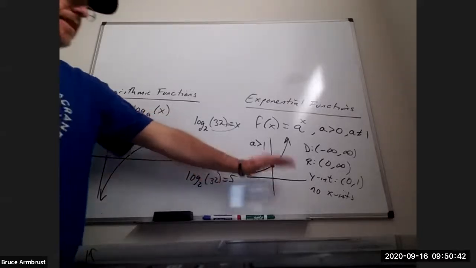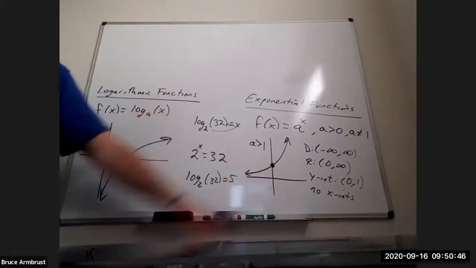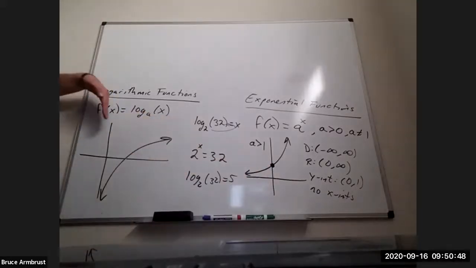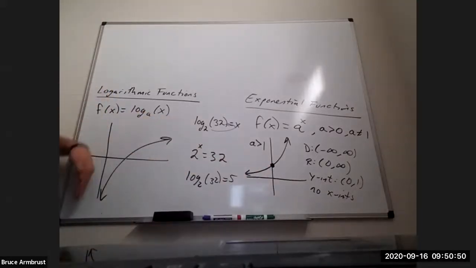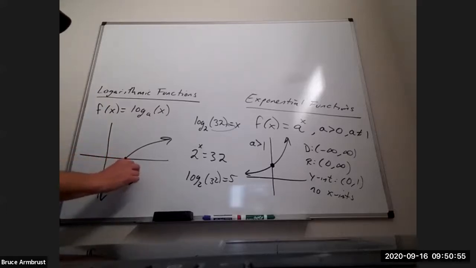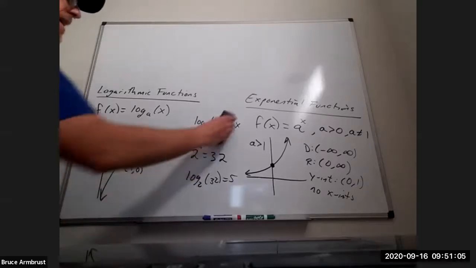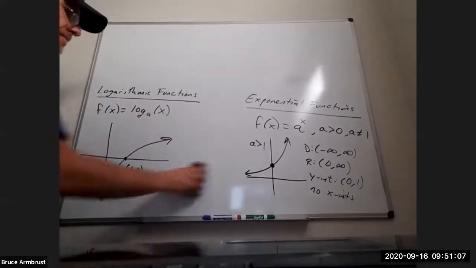Notice how it's got an asymptote on the x-axis and it goes through the y-axis at 1. Well, this one has a vertical asymptote at the y-axis and goes through the x-axis at 1. And this is because they're inverses. Inverse functions have this symmetry. They reflect over the line y equals x. So this is what these guys look like.